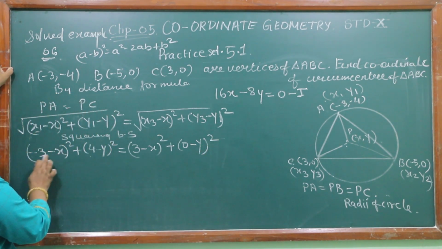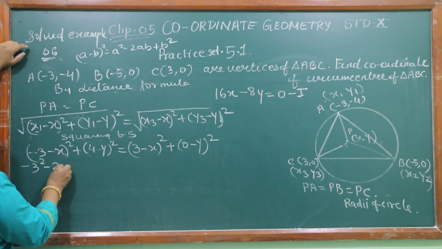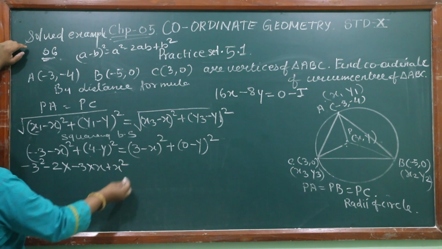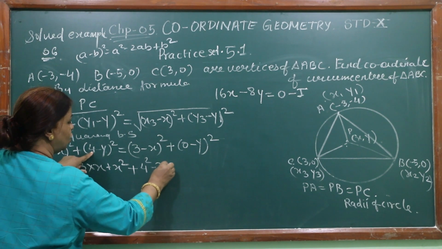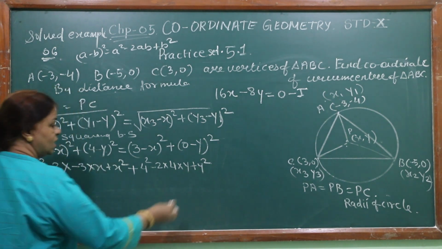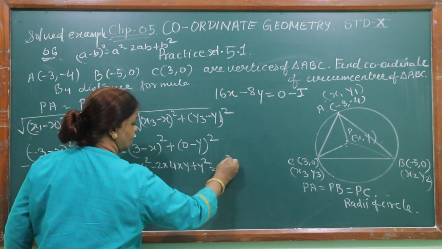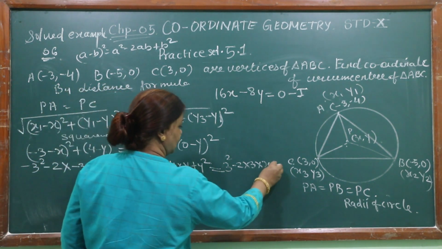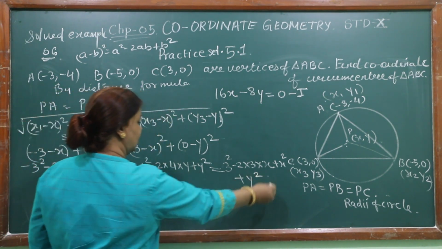Now minus 3 minus x, a minus b the whole square formula. A square means minus 3 square minus 2 into a into b plus b square, plus 4 minus y the whole square: 4 square minus 2 into 4 into y plus y square, is equal to 3 minus x the whole square: 3 square minus 2 into 3 into x plus x square, then plus y square.